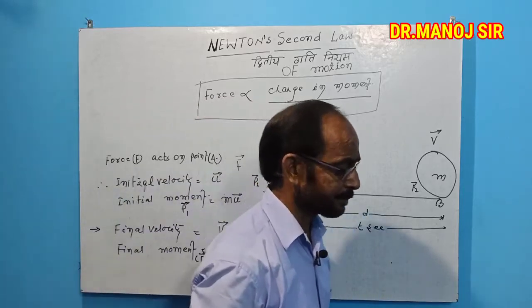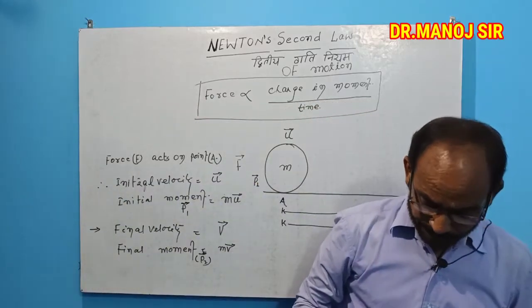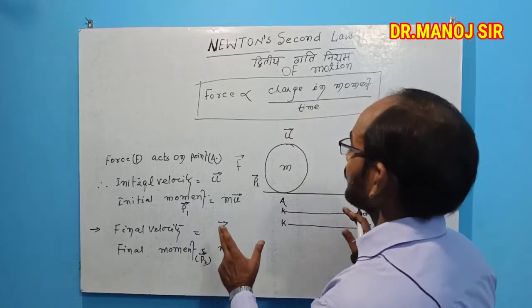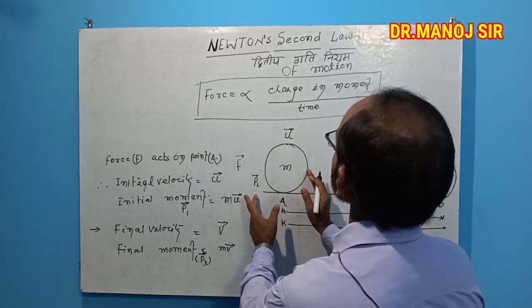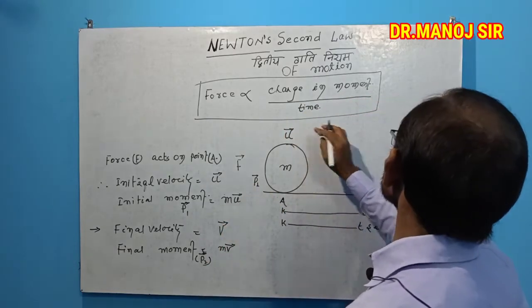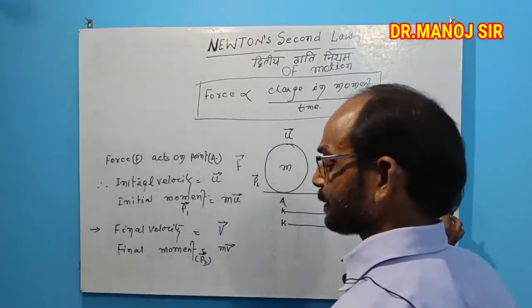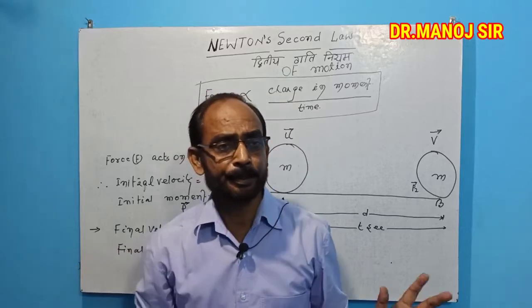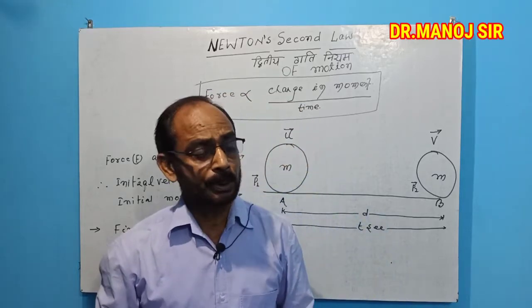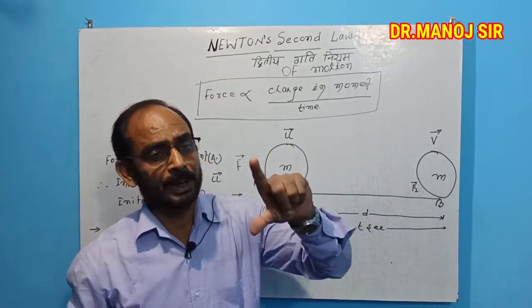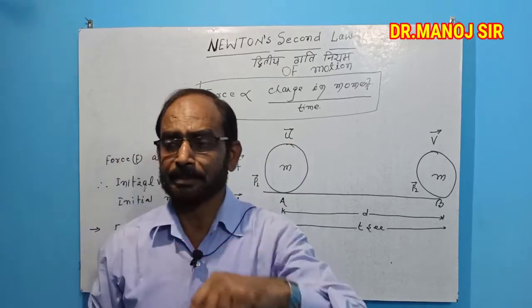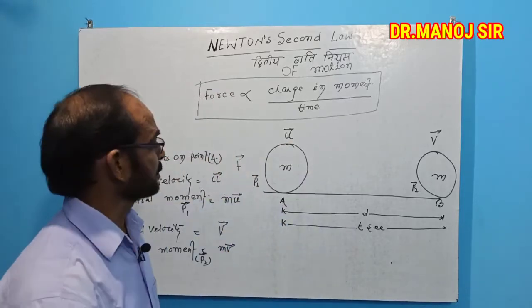In this way, the velocity of the object becomes u to v, from point A to point B, and its momentum becomes p1 to p2 due to the acting of force F within the time period t seconds.